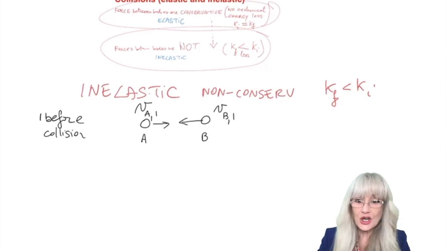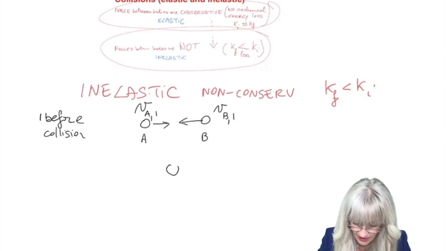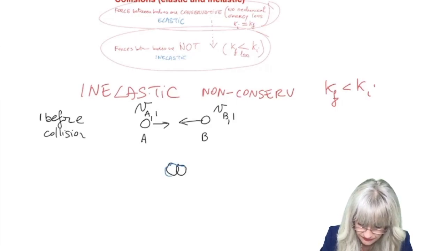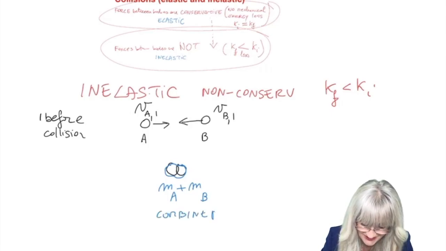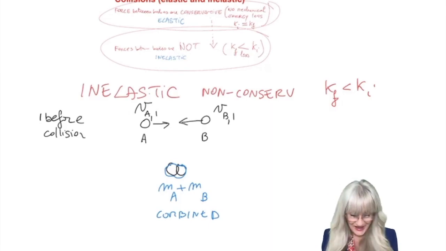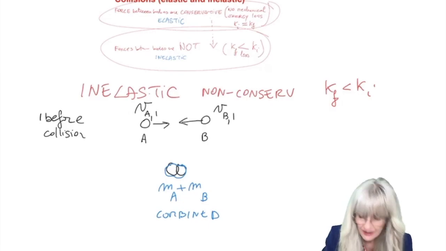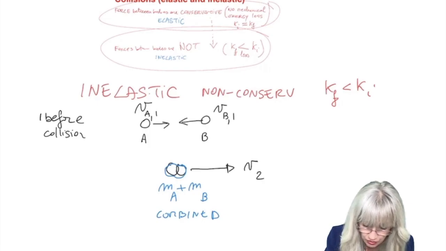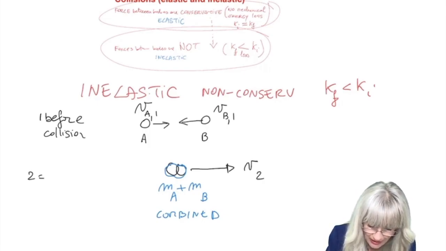So now there is the collision, and A melts into B. So now there is a new body. This new body will have the mass of A plus the mass of B, what we call the combined mass. And this new object, in an inelastic collision they glue together, will be moving, let's say, to the right, for example, with a velocity V2 after collision, right?